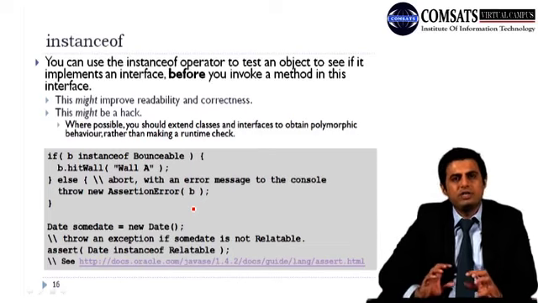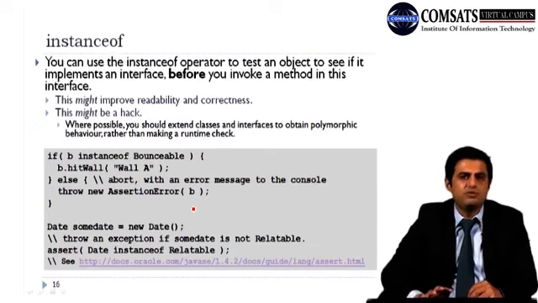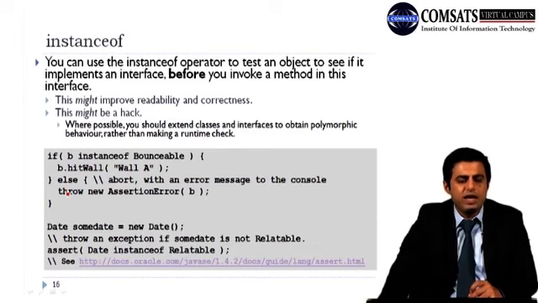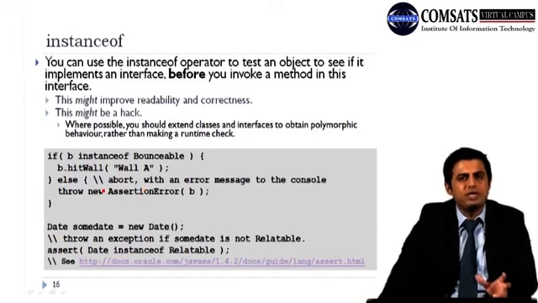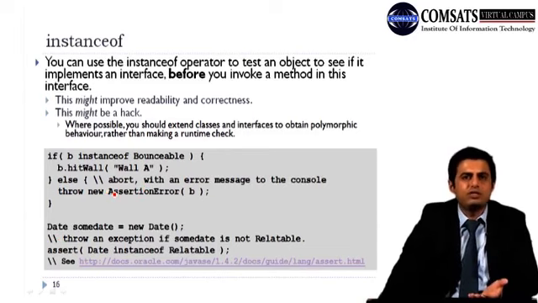But if your code is not very complex, and if you can afford some more lines of code, then you should always go with instanceof, because whenever you use it, you will always have to write this if, and you will also have to write else and throw new exception. And once you are doing this, you will have to write the code for exception handling as well.